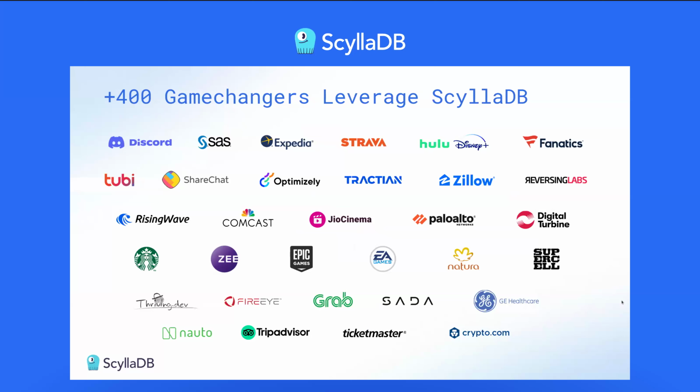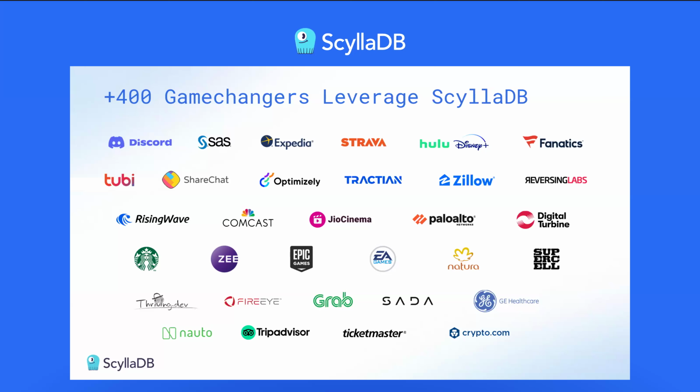We have a lot of large customers. You might recognize some of the logos on this screen. I might mention a few of them, like Discord. Discord is a very popular chat messaging app. You probably heard about it. They use ScyllaDB to store trillions of messages.